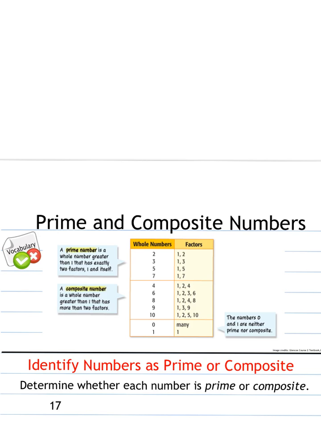All right, so we have some vocab to look at here. We are looking at prime numbers and composite numbers, which you might have some background knowledge on already. A prime number is a whole number greater than 1 that has exactly 2 factors, 1 and itself. If we look at some examples here, these are our whole numbers, these are our factors.